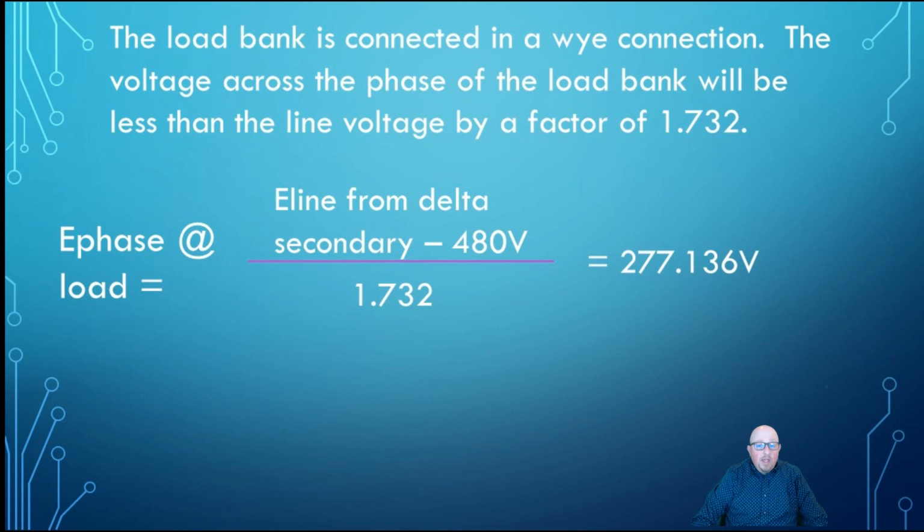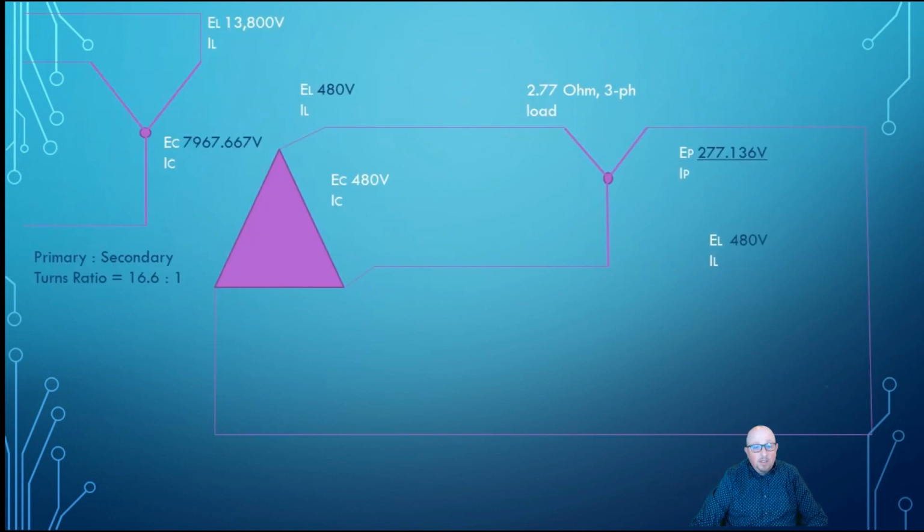So we now know we have 277.136 volts. So we know we have a 277/480 volt Y with a 2.77 ohm three-phase load.